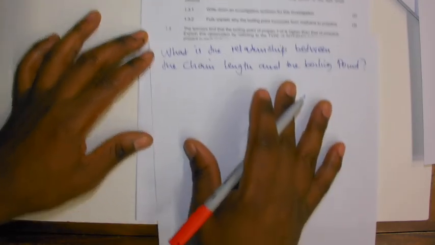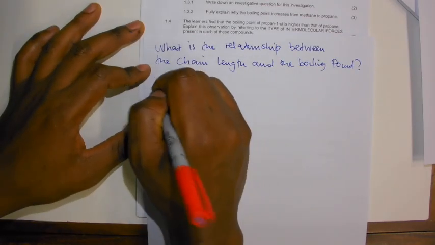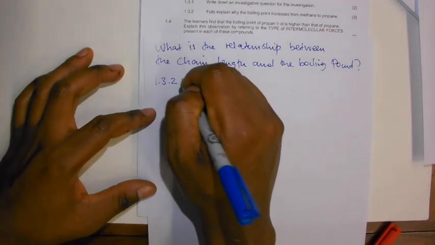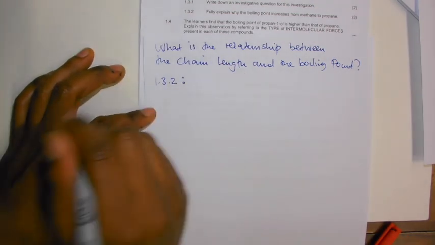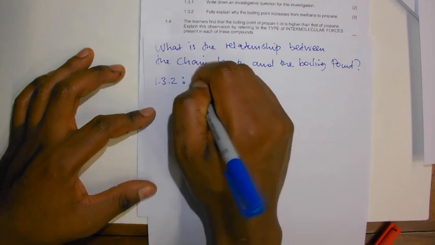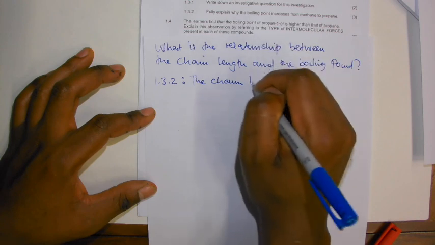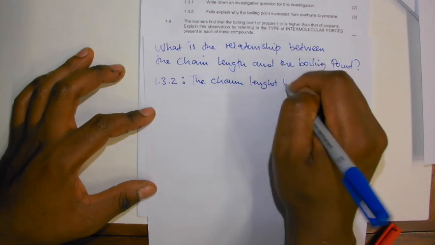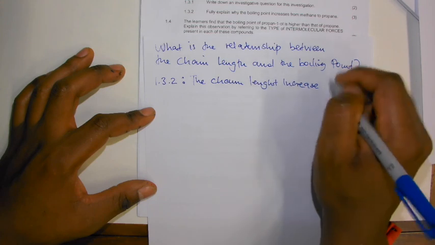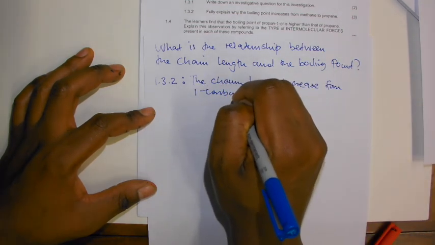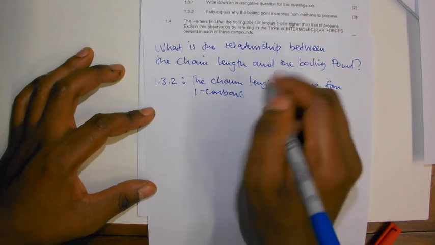So all you will then say is the increase in the length. This is now question number 1.3.2. Then you come back and say the chain length increases from one carbon, which is now the methane, right?